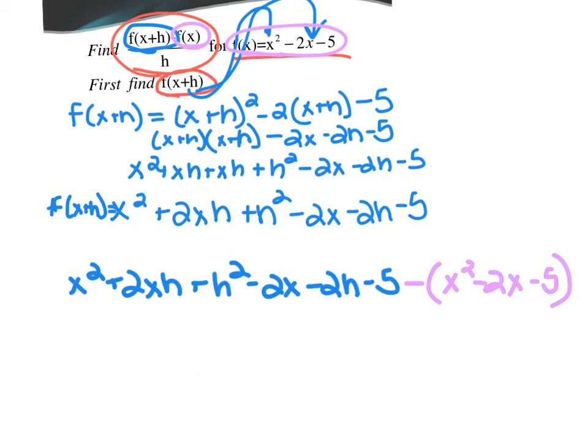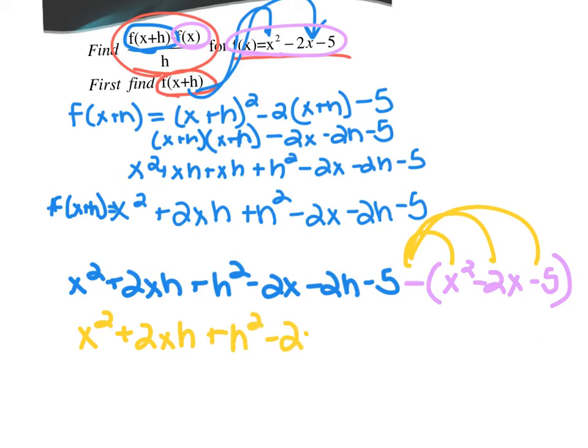This is the biggest mistake made. Make sure this minus goes to all three terms, okay? It changes everything after it. So this is going to become x squared plus 2xh plus h squared minus 2x minus 2h minus 5 minus x squared plus 2x plus 5.